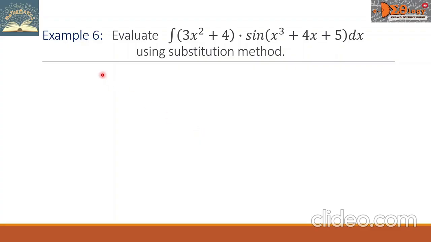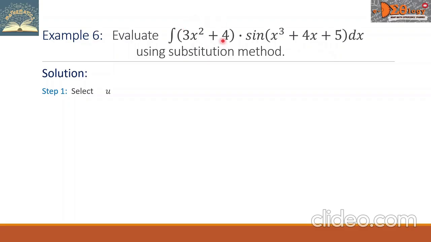Example 6. Evaluate the integral of 3x squared plus 4 times the function sine of the quantity x cubed plus 4x plus 5, then dx, using the substitution method. First, we select u. There are two functions here.